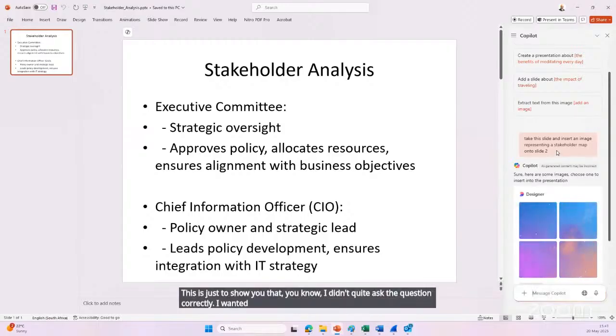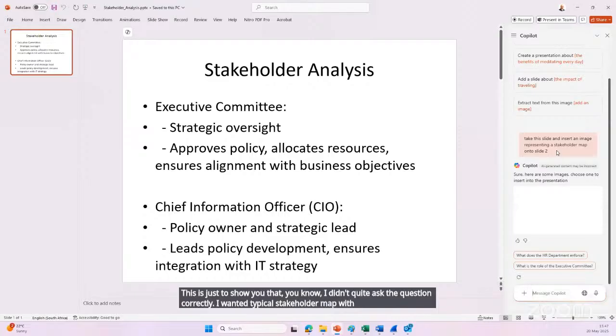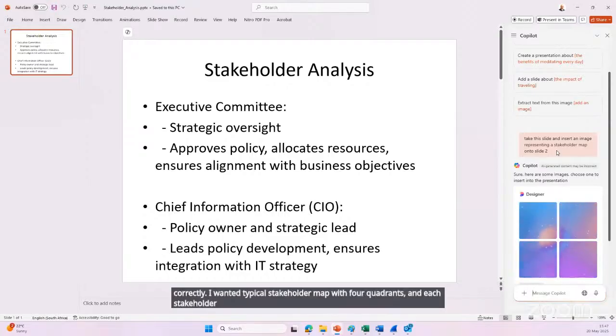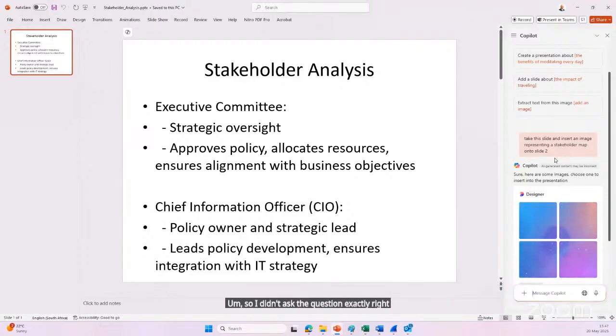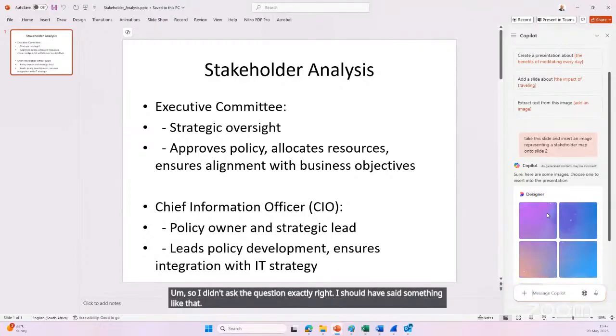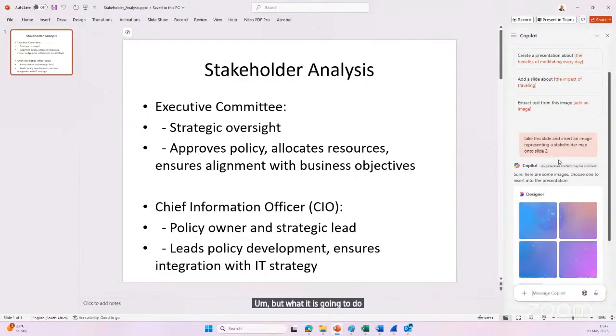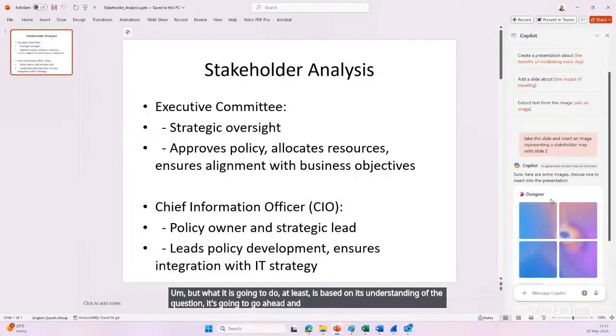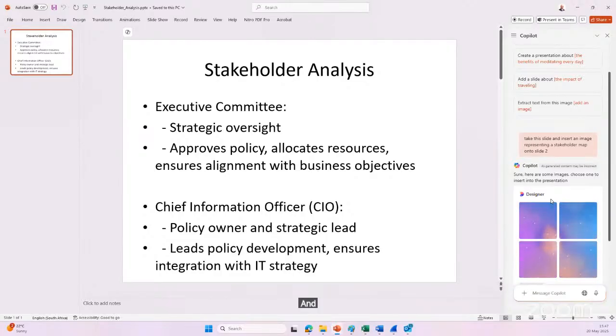I want a typical stakeholder map with 4 quadrants and each stakeholder mapped on those 4 quadrants. So I didn't ask the question exactly right. I should have said something like that. But what it is going to do, at least, based on its understanding of the question, is go ahead and create that image for me. And it should give me the ability to insert that into another slide.